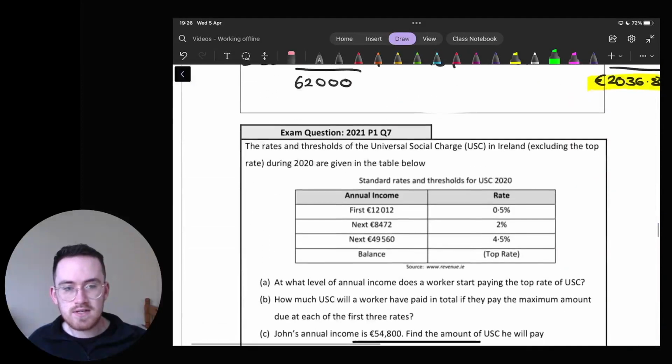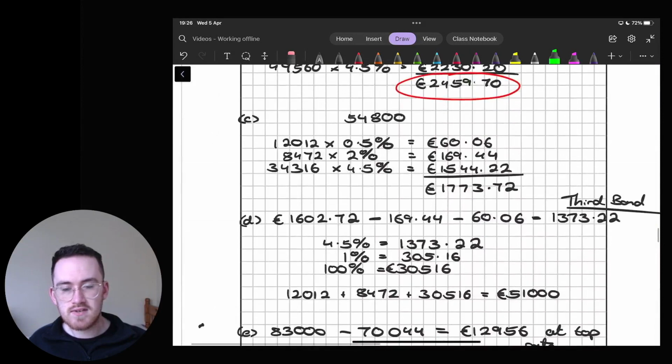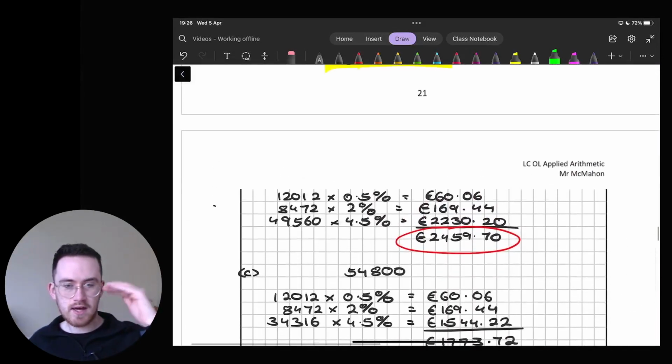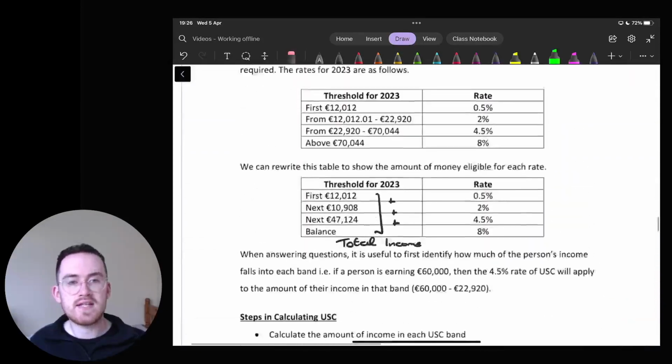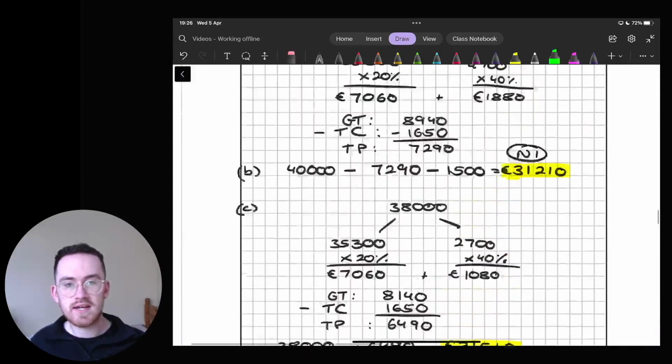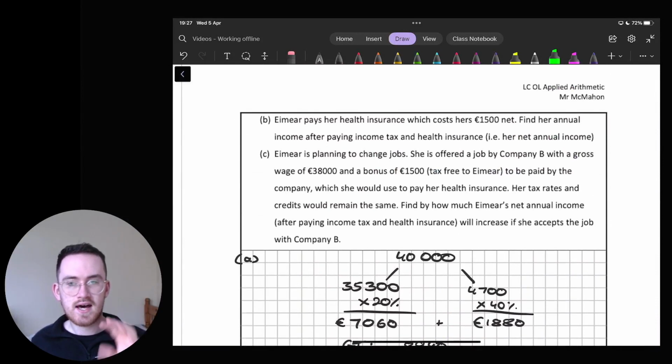The USC can be particularly interesting with the bands, so it's working out, like we did there, for each band, how much are they paying in each category. The income tax, it's splitting it out at the start. Split them out, work out the standard and higher rate, add them together, take away tax credits, that gives you tax payable. It's the same kind of formula each time.